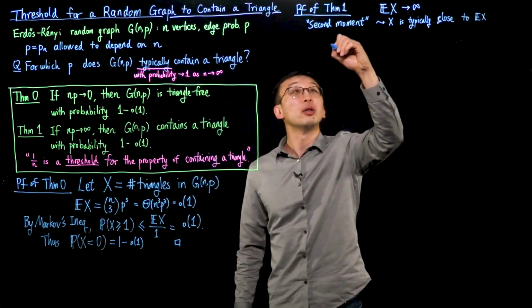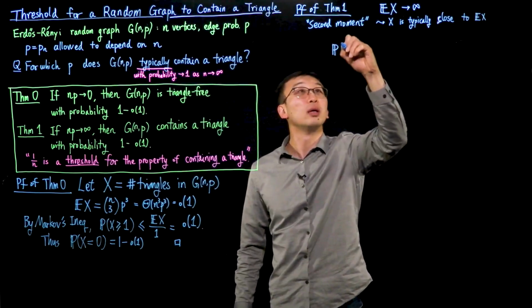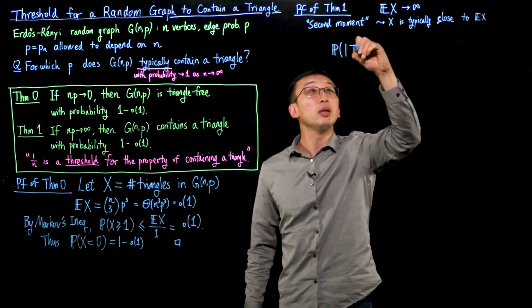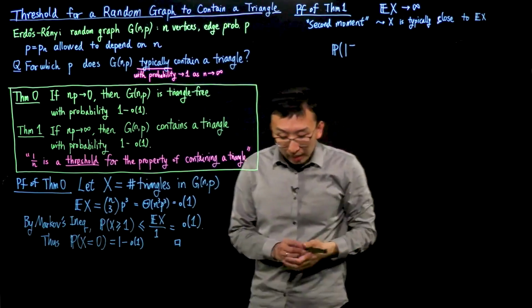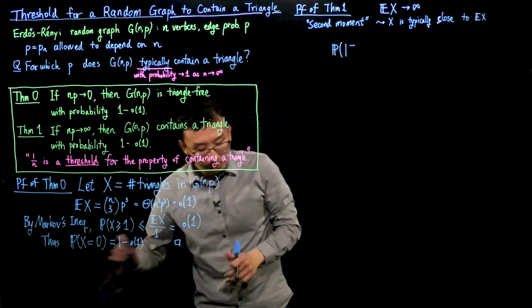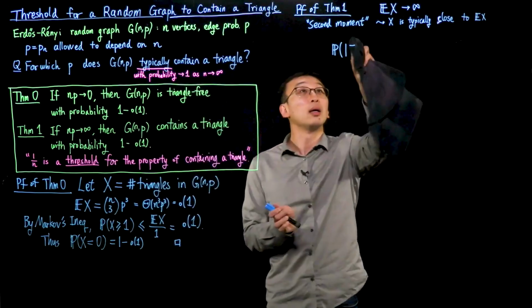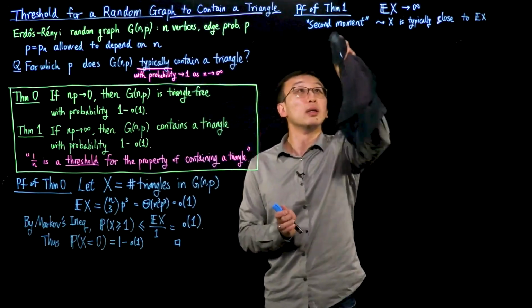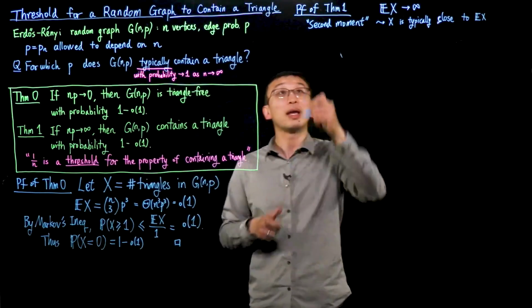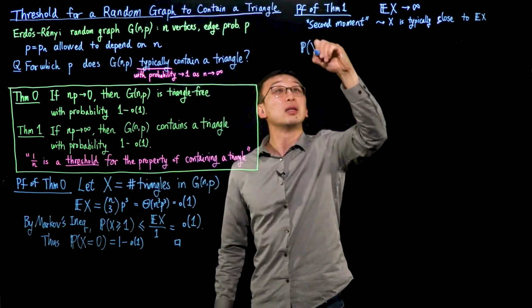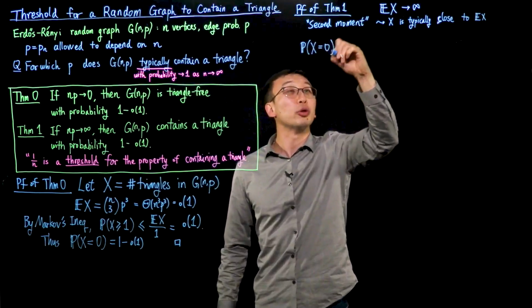Let's consider the following probability: the probability that X is equal to 0.